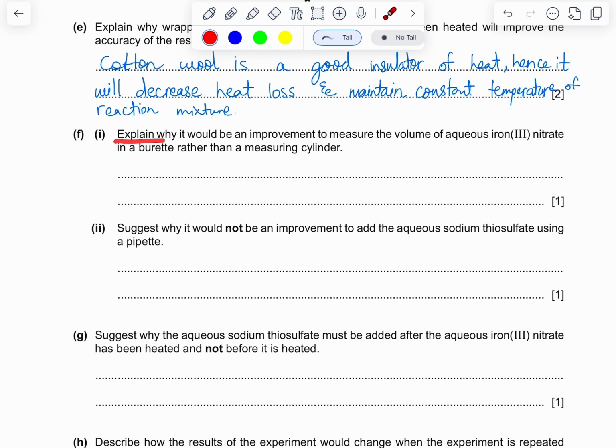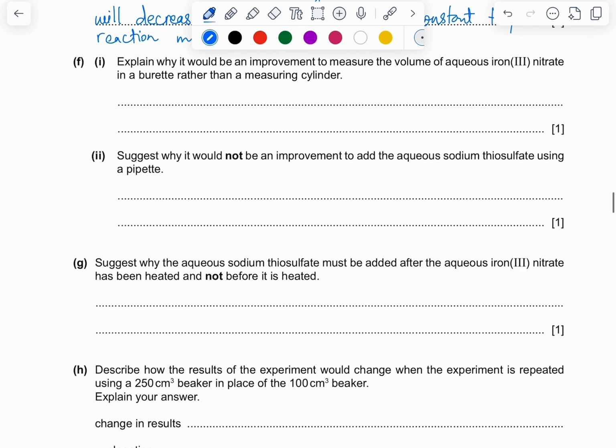All right, explain why it would be an improvement to measure the volume of aqueous iron 3 nitrate in a burette rather than a measuring cylinder. Because burettes are more accurate, right? They have a higher degree of accuracy.